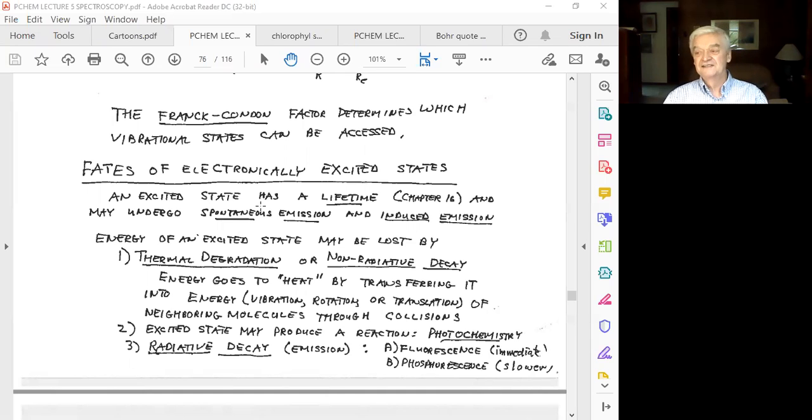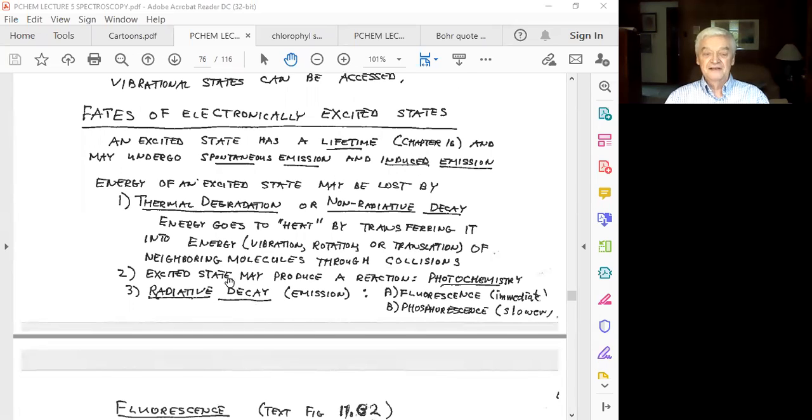It collides with another molecule, or with a wall of the chamber, and it just transfers that as heat to the chamber. Whatever it collides with, it can turn it into vibrational, rotational, or translational energy. Heat, you'll remember, is just infrared radiation.